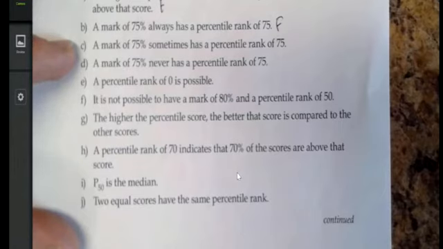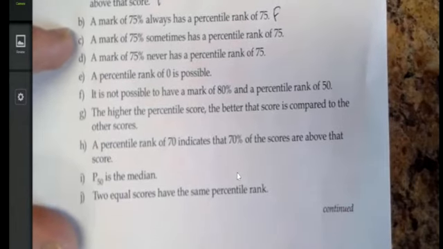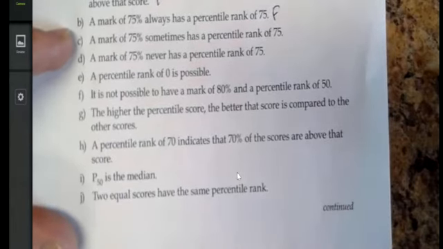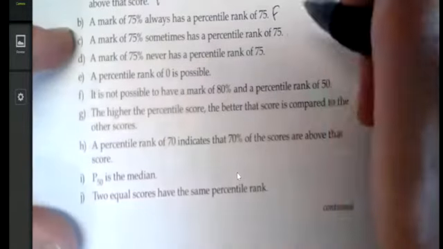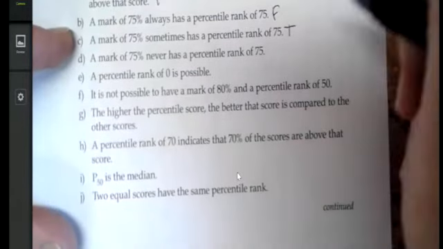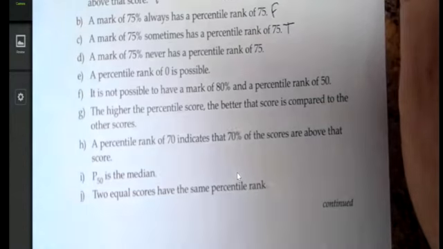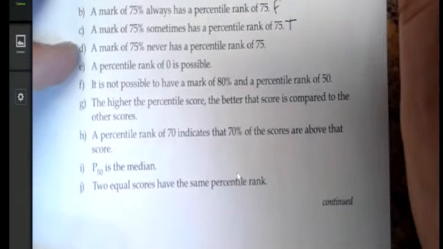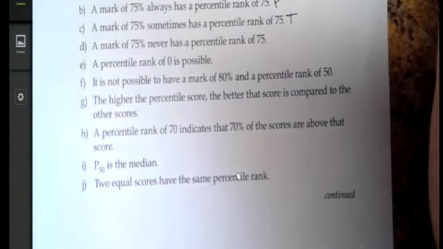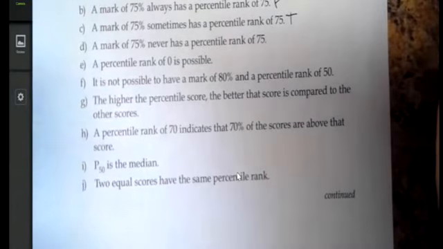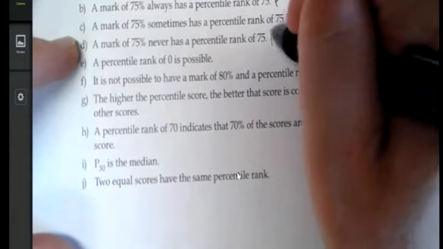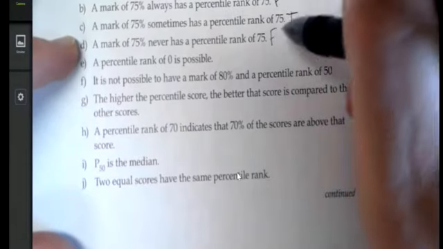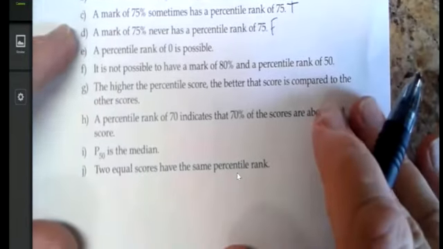Never. Sorry, sometimes, not never. Sometimes comes first. Sometimes, true. It could happen that you have a mark of 75 and your ranking is also 75. It could happen. A mark of 75 never has a percentile rank of 75. False. If this is false and this is true, then this must be false.